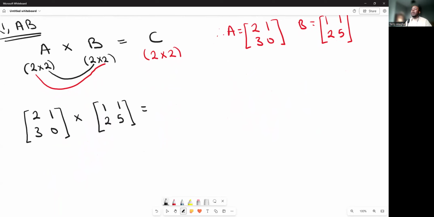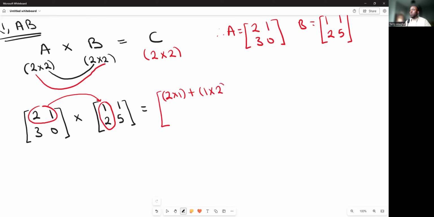So we're going to multiply. As usual, this is going to multiply, open the bracket. We're going to multiply the first one. It's going to be 2 times 1 plus 1 times 2.